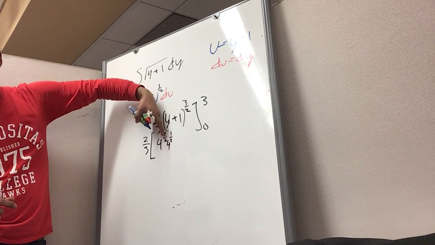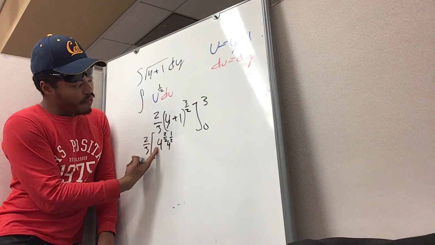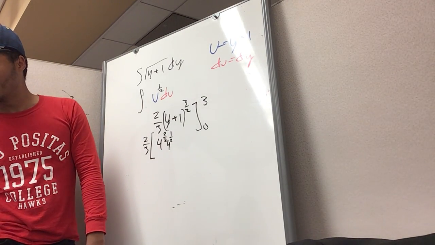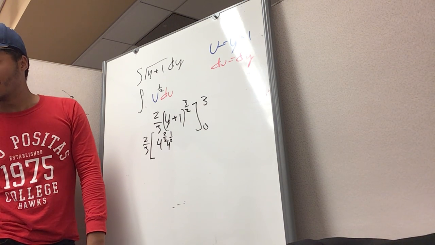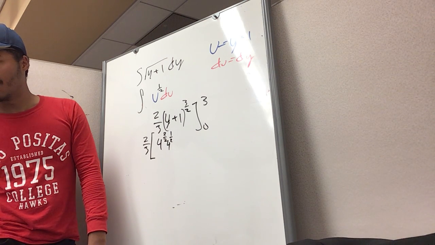Or you can just do it this way: it's just 4 times 2, which is 8.